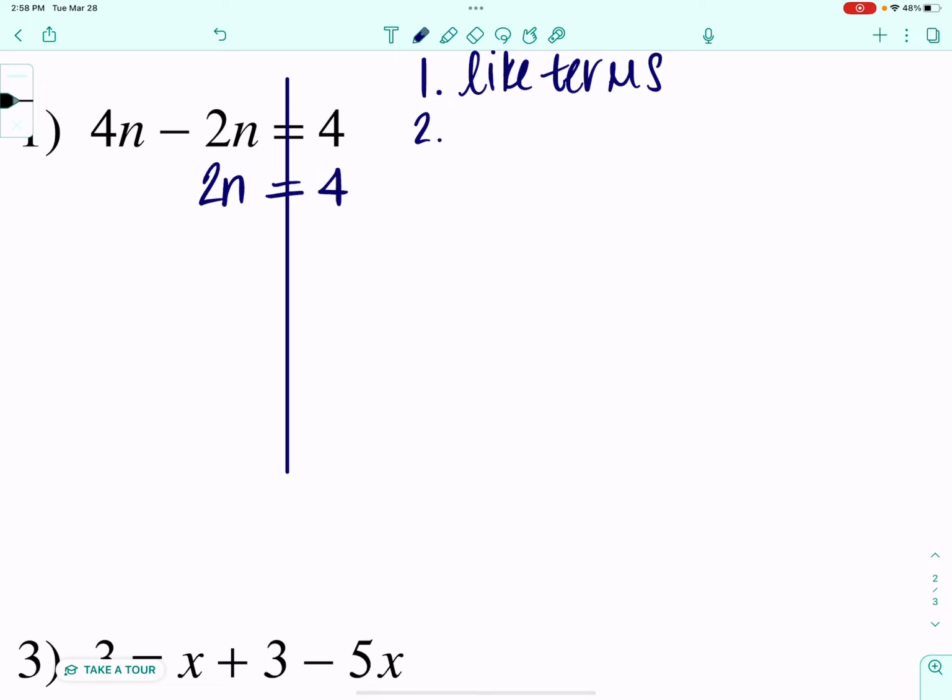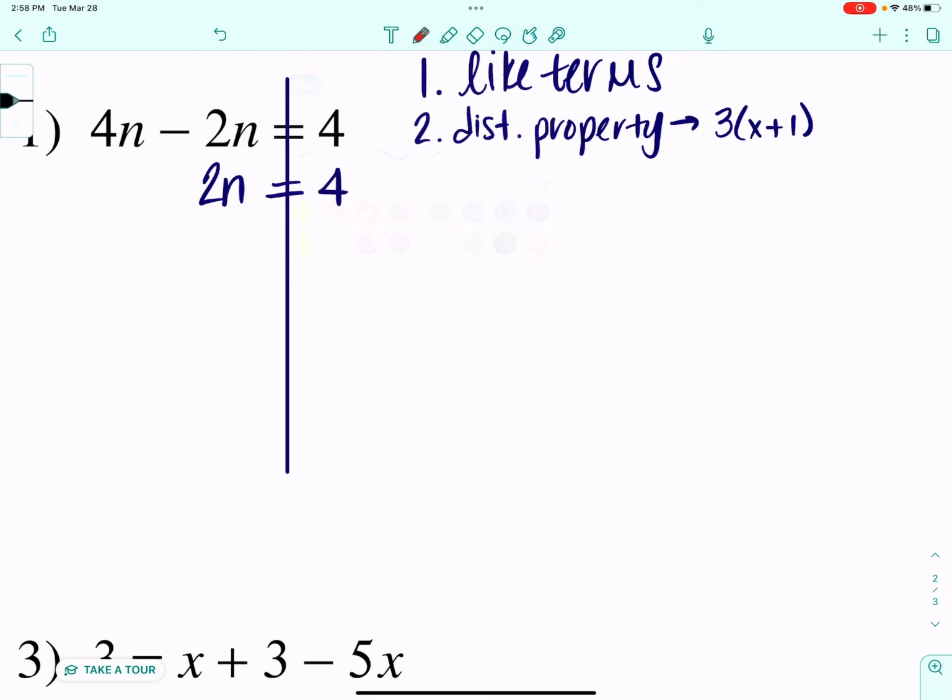The other thing to look for was the distributive property. So we were looking for something that might look like this, that we needed to simplify before we could solve for the variable, but I don't see anything like that in our equation. So that means we can continue solving.